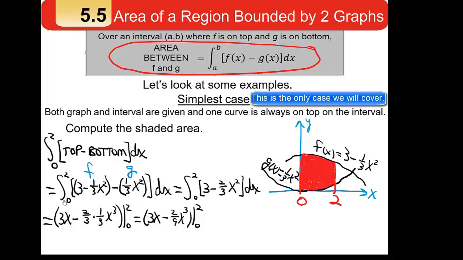What do we do now? We evaluate. Remember, it's upper minus lower. So we plug in the upper limit, which is 2, minus what you get when you put in the lower limit. Well, luckily, the lower limit is 0, and when you plug in 0, you're going to get all zeros. So that makes the arithmetic a little bit easier.